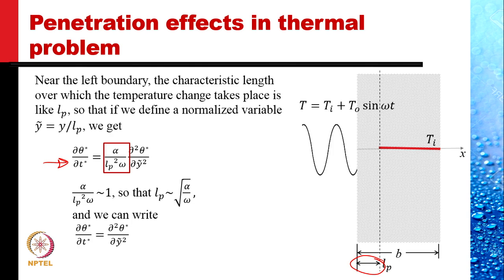And if the two terms should be of the same order, then alpha over LP square omega should be of order 1, so that the thickness of this layer is like under root alpha divided by omega. And we can write delta theta star by delta t star is equal to del square theta star by del y tilde square.